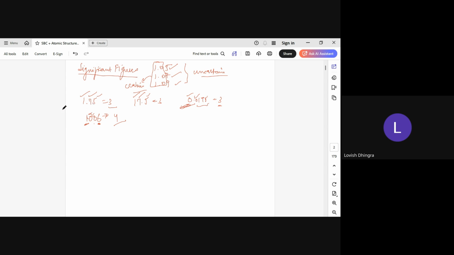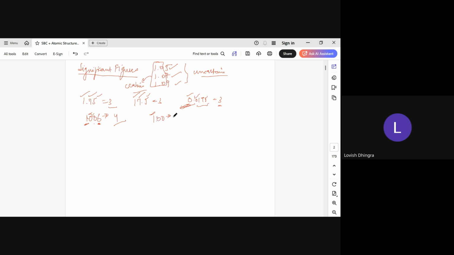Then next, if I have for example 1.00, same question. This will have how many? 3, yes, because in this case the 0 is present after the decimal point and after the non-zero digit.